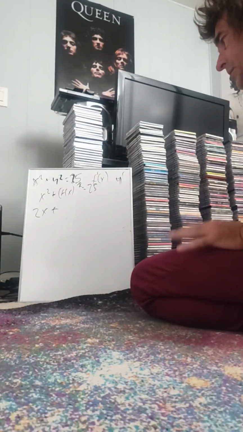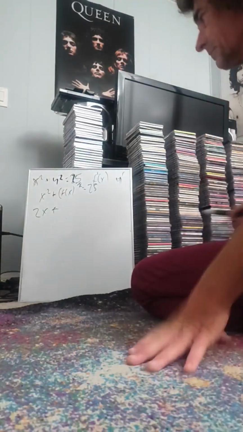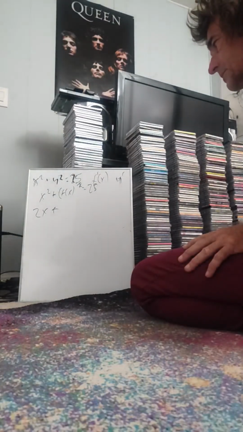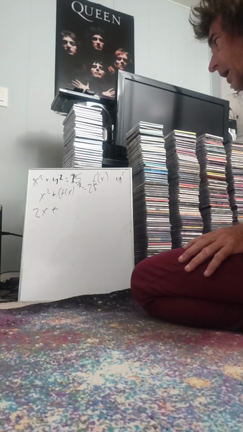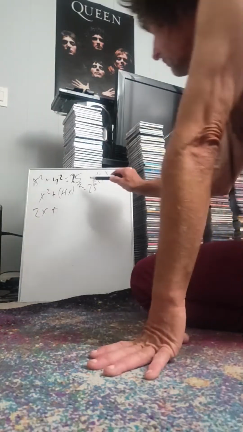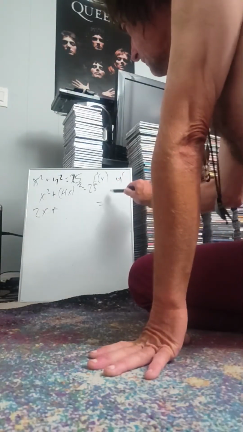I'm taking the derivative of both sides. But what is the derivative of f of x squared? The chain rule, I think, will apply. The derivative of 25 is 0 because it's a constant.